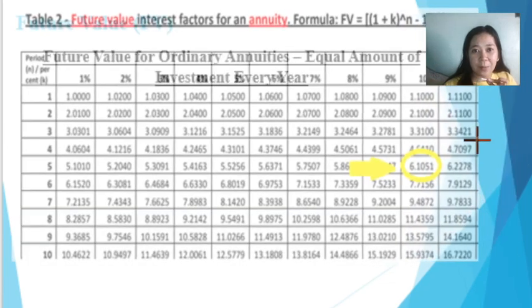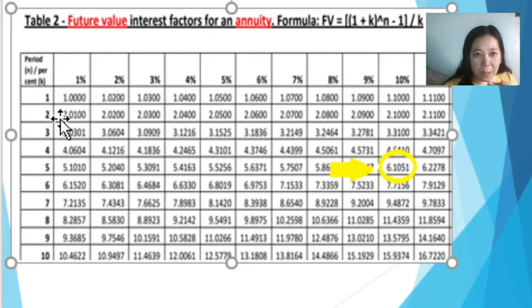First, we locate the number of periods, so this is under the 5-year period, and then under the 10% interest. In this case, our interest factor, if you could see on the screen with the yellow arrow and circle, is 6.1051. This is our interest factor that we will use to solve for the future value.